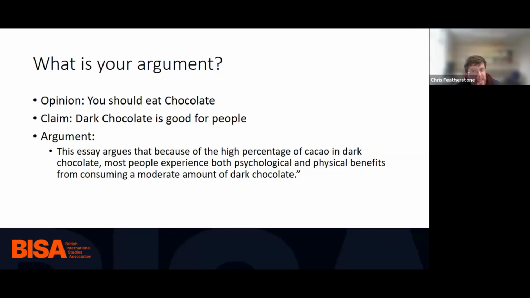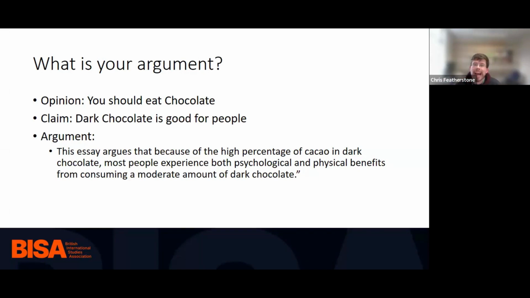I don't really have the background to explain it, but what we can say is the argument goes even further still, and this is a more progressive argument, okay? This essay argues that because of the high percentage of cacao in dark chocolate, most people experience both psychological and physical benefits from consuming a moderate amount of dark chocolate.